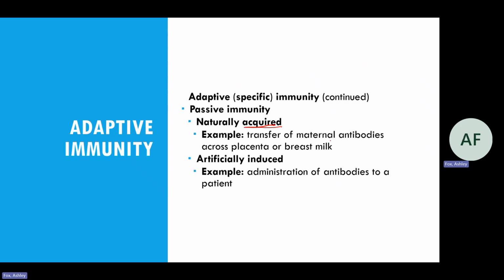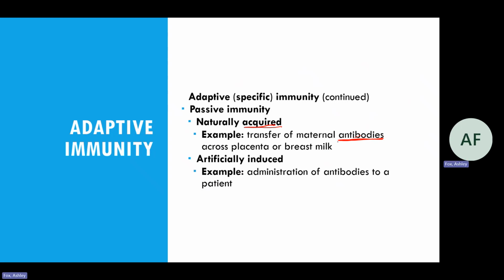So what's going to happen is the antibodies made by the mom can pass to the baby through the placenta or the breast milk and be protective. It at least gives time before the immune system can start to build its own antibodies.